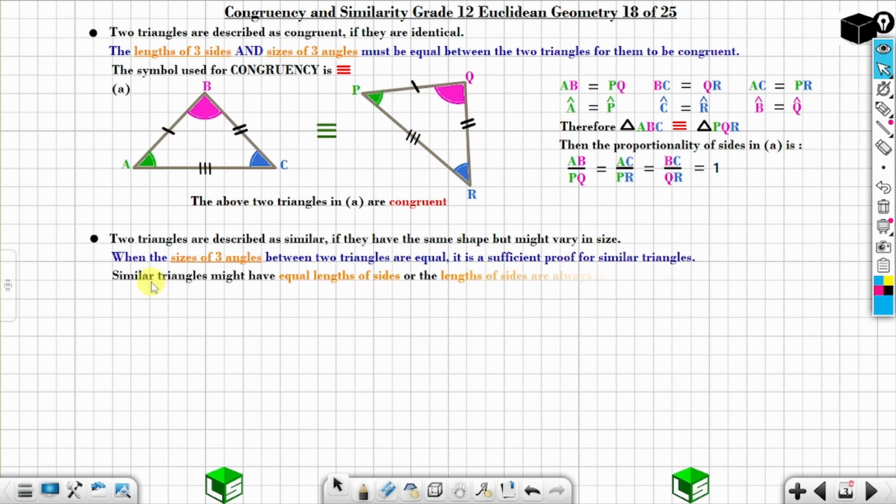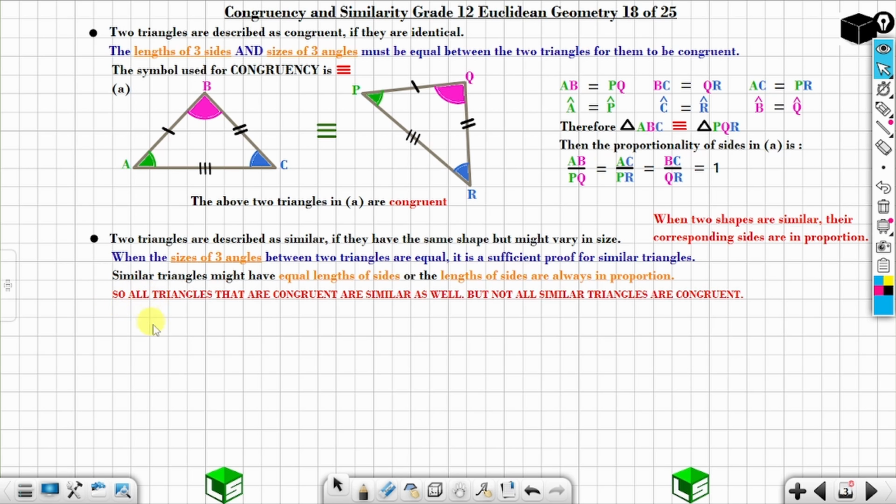Similar triangles might have equal lengths of sides, or the lengths of sides are always in proportion. So, when two shapes are similar, their corresponding sides are in proportion. All triangles that are congruent are similar as well, but not all similar triangles are congruent.